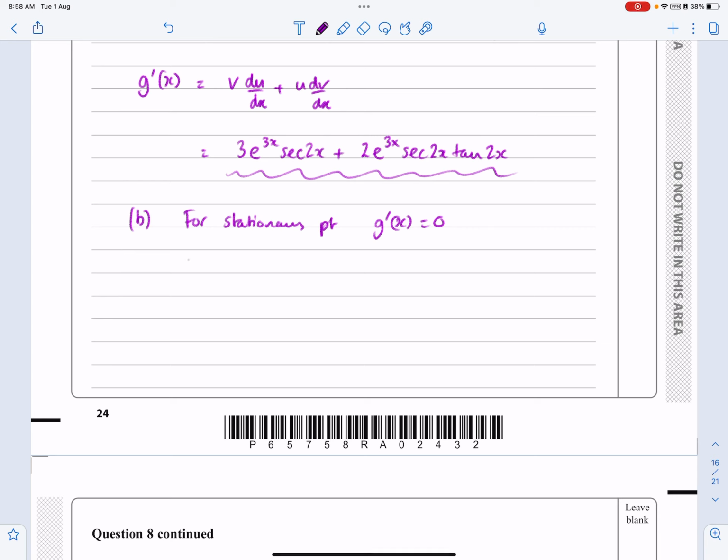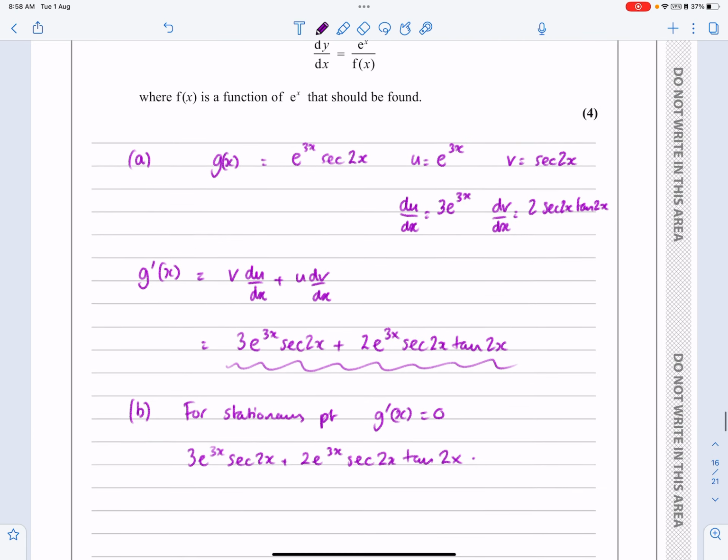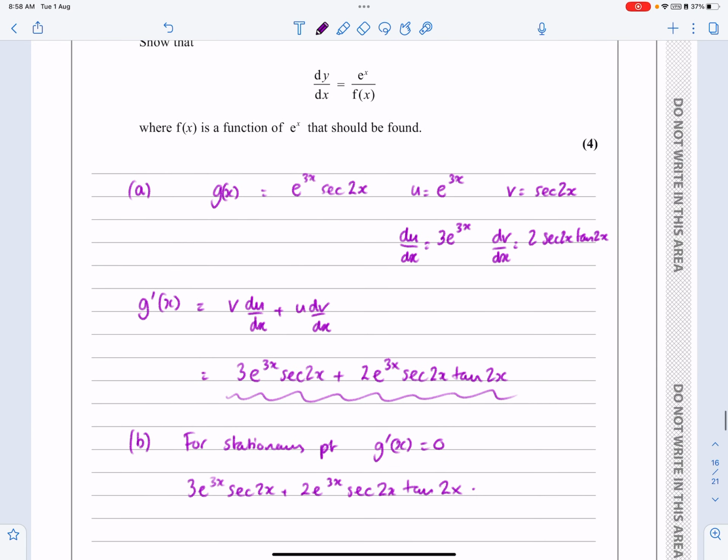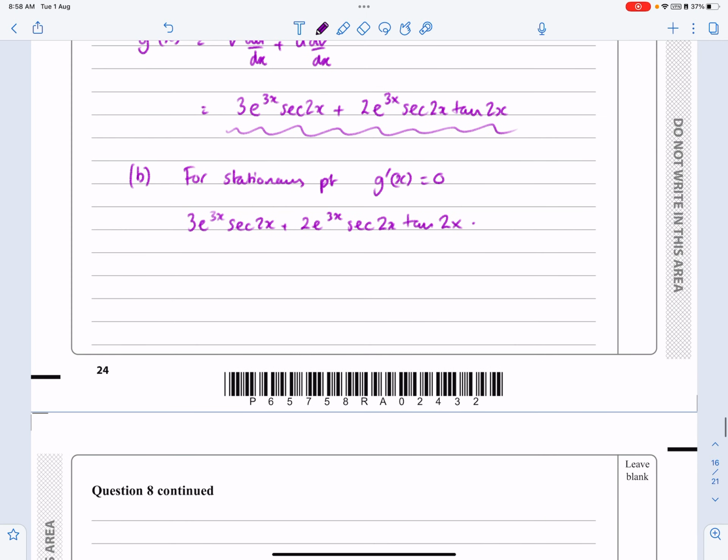So I'm going to get 3e to the 3x sec 2x plus 2e to the 3x sec 2x tan 2x. Should that be a 2 or a 3? Yeah, no, that's okay. Just checking my own work there. Equals 0.